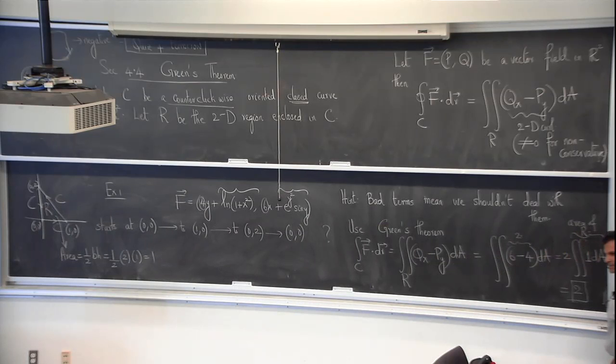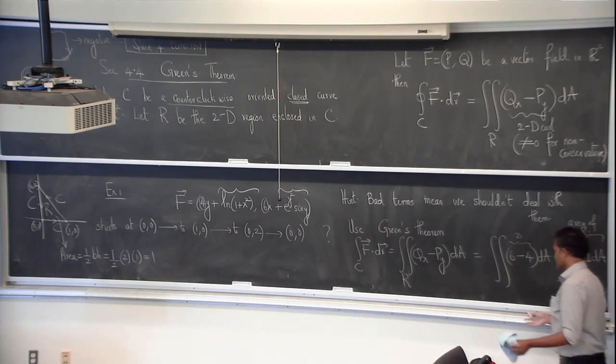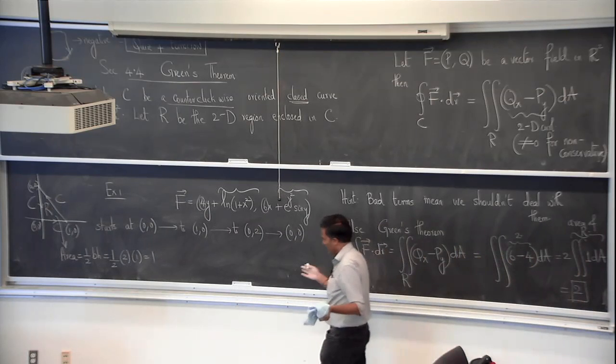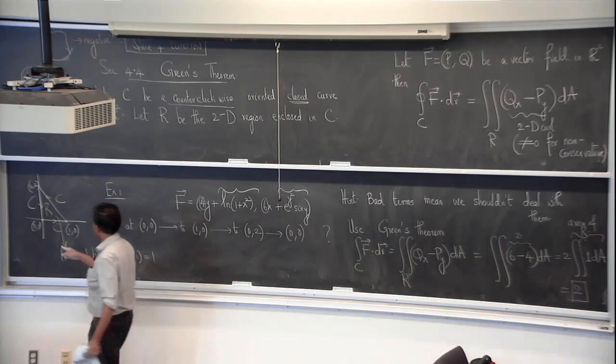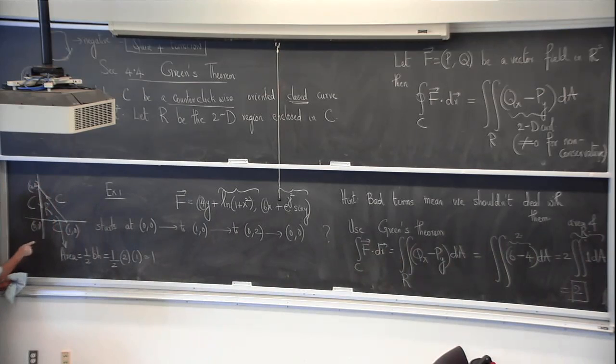Things get dangerously simple now. I know the problem was probably rigged to make it happen, but the point is that you can avoid going along these 3 lines, just go right into the region that is trapped inside and do this.